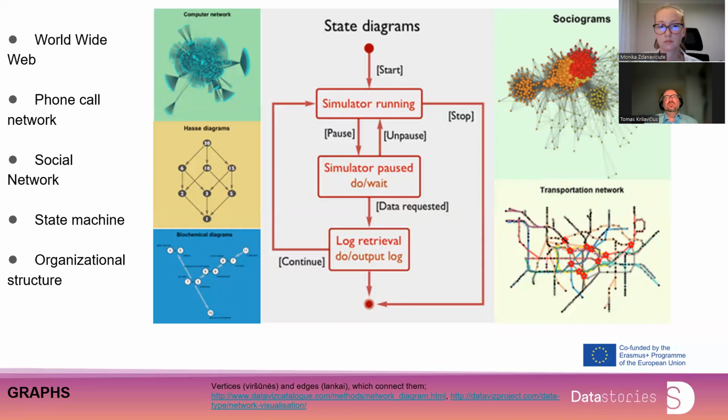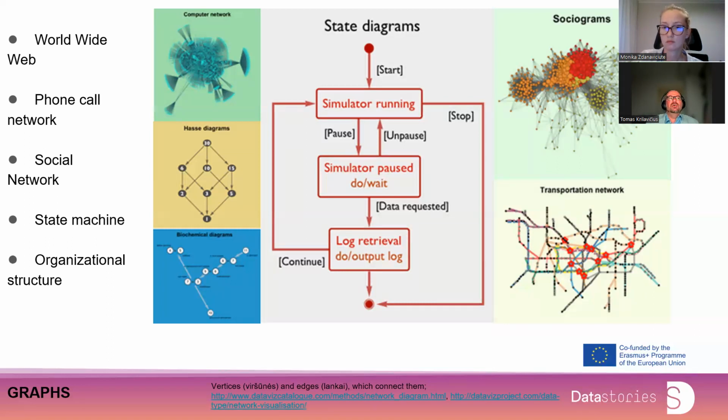Then let's move to another way of visualizing data. These are so-called graphs, and graphs are very well known. Of course, you may know them by different titles. For example, when you talk about the World Wide Web, you may talk about computer networks, which are actually graphs. When we think about phone networks, it's more or less the same.